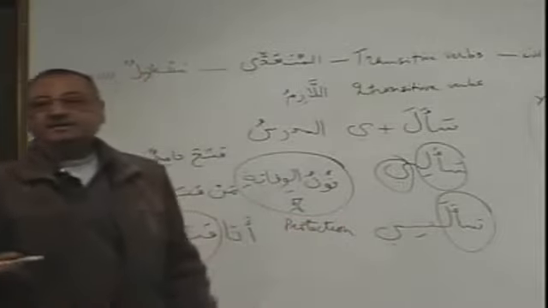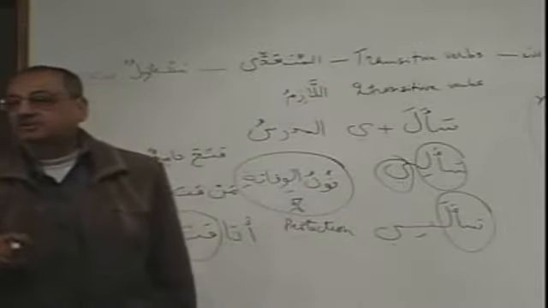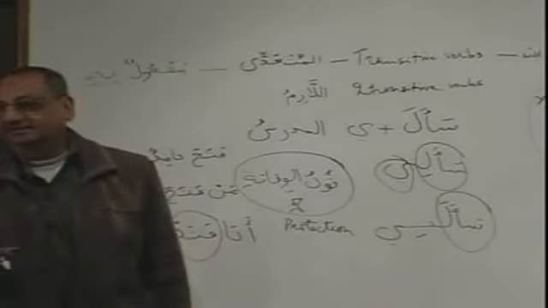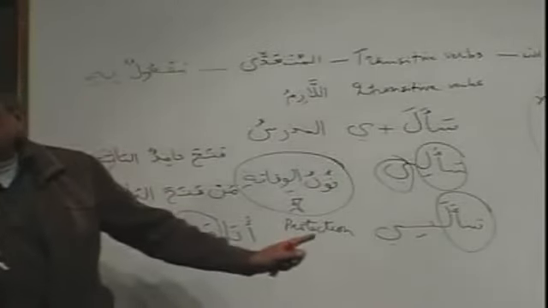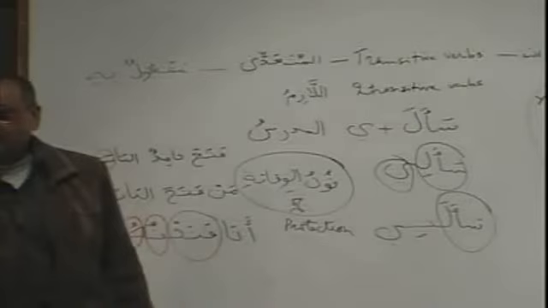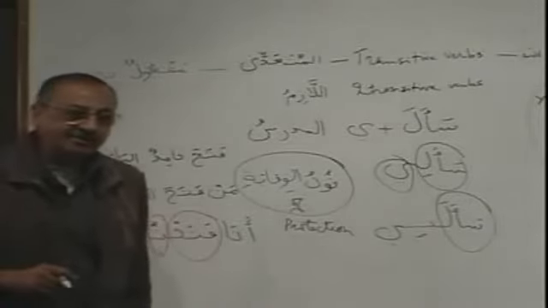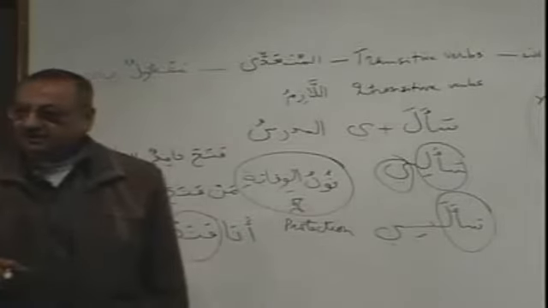See, Noonul Wiqayati, what kind of murakkab is this? Mudaf, mudaf ilayhi. So you can put 'of' in between. Noon of protection. You got the idea, brothers and sisters?